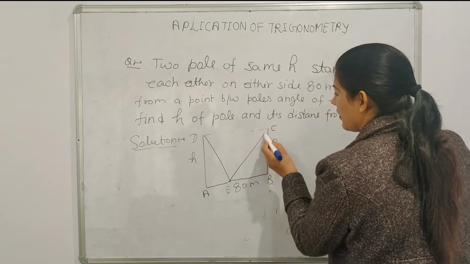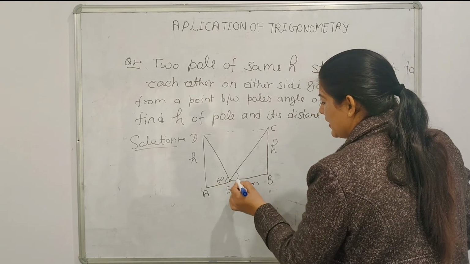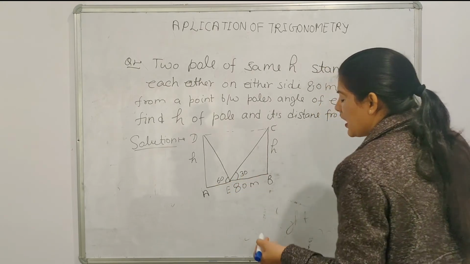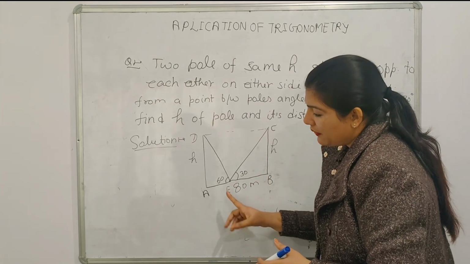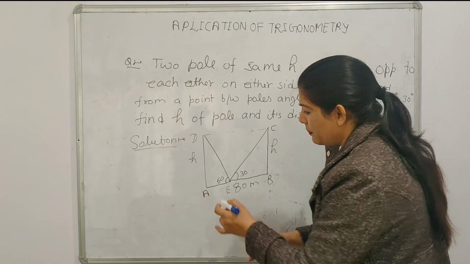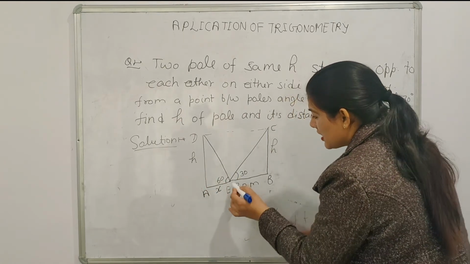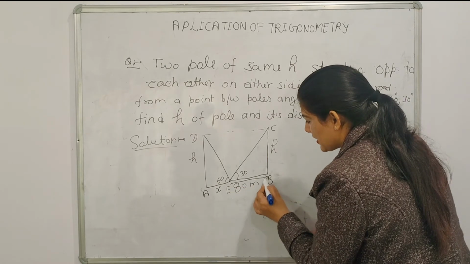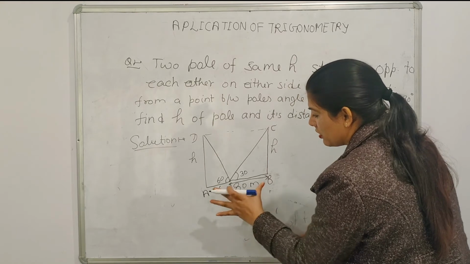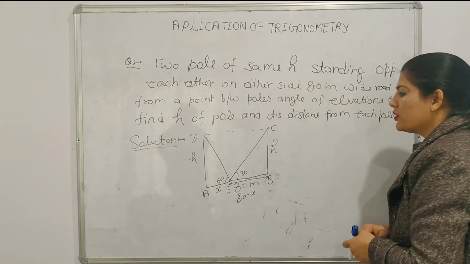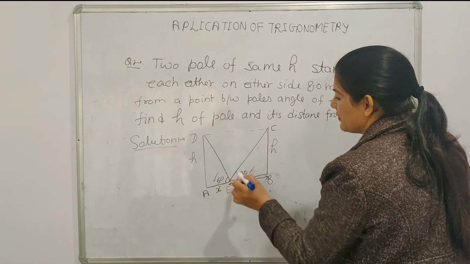So here the first is 60 and the second angle is 30, and suppose the distance of E from the base of one pole is x, then this distance will be 80 minus x, because the total distance is 80. So now again you have to apply tan theta.